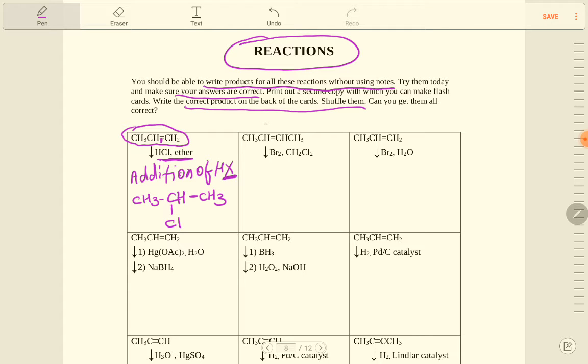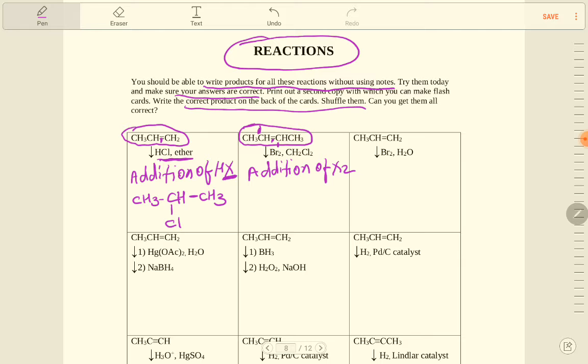All right, now again this is an alkene, C double bond C, a 4 carbon chain, and Br2, so that is X2. Let's think about what reaction it is. Remember, it was addition of X2. So what was the product? Remember that this double bond breaks, 1 X goes here, 1 X goes here.